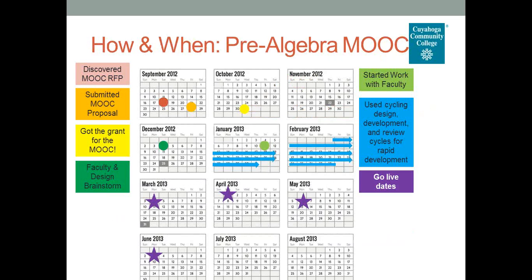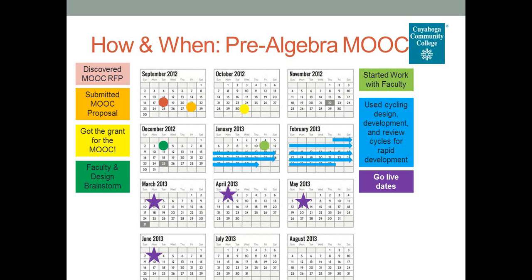So one other comment is that we did structure this MOOC experience to be somewhat of a pre-test intervention through the competency levels and then post-test, relative to seeking to achieve higher scores on the Compass exam rather than accepting students and awarding credit for that pre-algebra course.